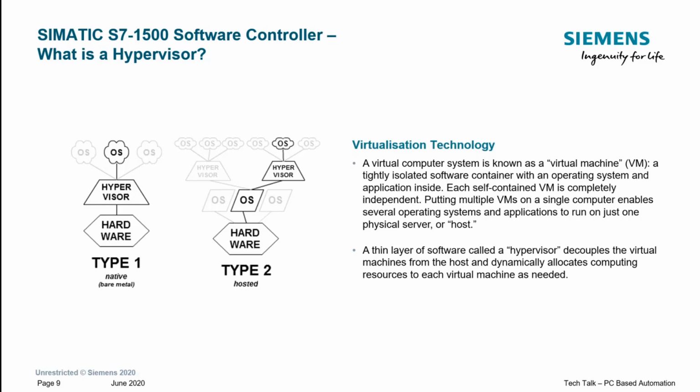So we use the one on the left, which is called a Type 1 or a bare metal hypervisor. So for those of you that have come across ESXi, that is an example of this. So the computer turns on, and instead of booting into Windows, it boots into this bespoke Siemens generated hypervisor. And then from there, it boots up into two different guests.